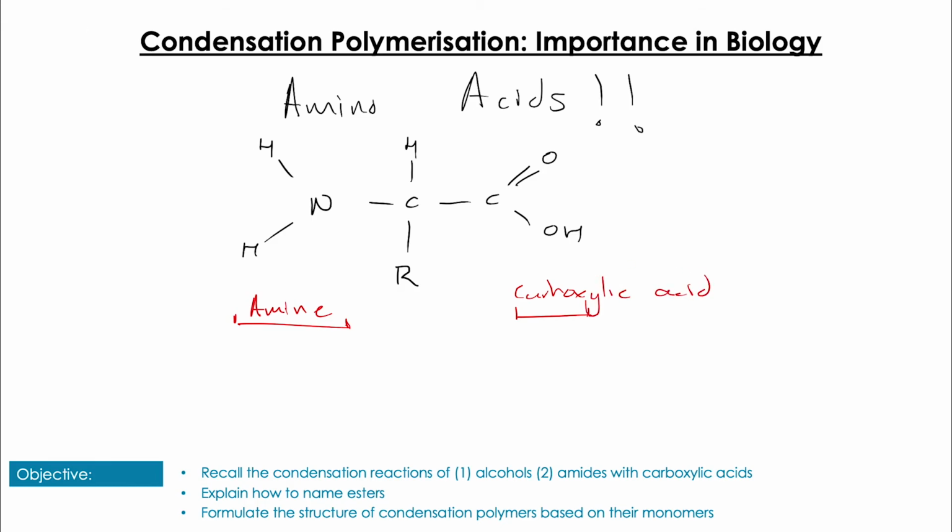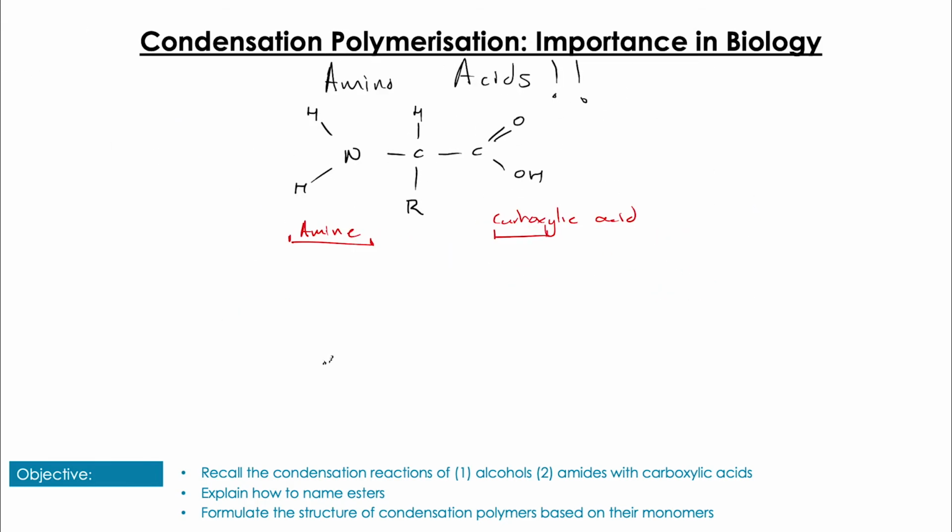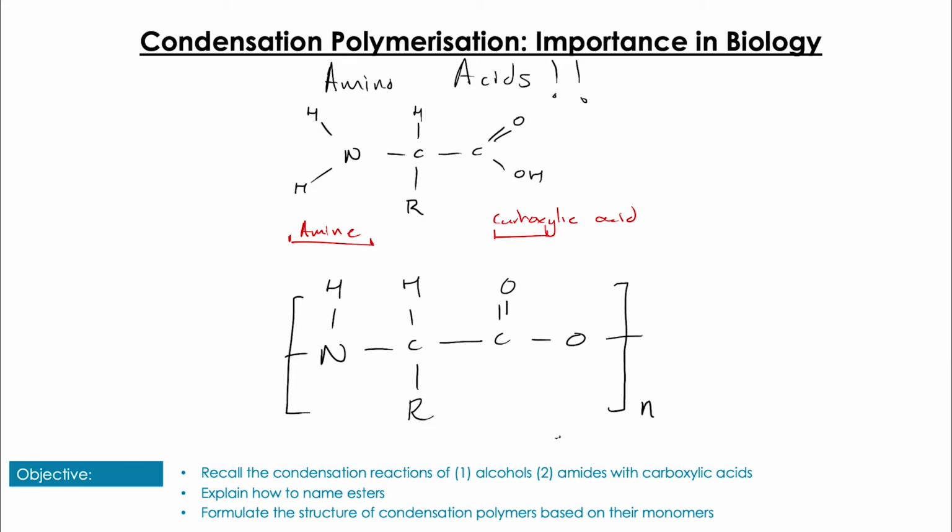Indeed, amino acids can polymerize with themselves or with other amino acids that have a different R group to form polypeptide chains and go on to obviously fold and form further protein structures. So this is one of the fundamental building blocks of life and organisms.